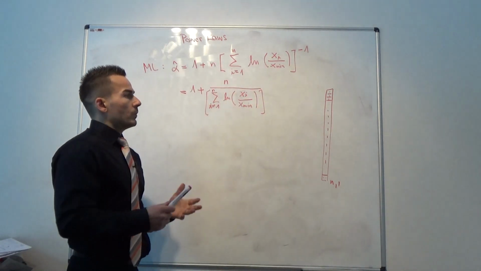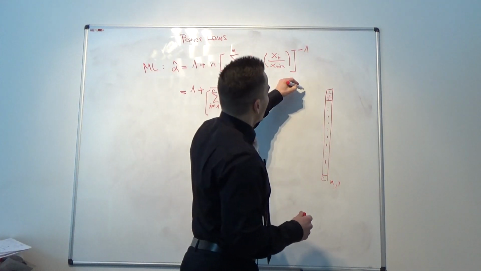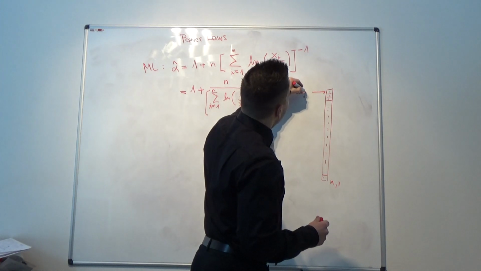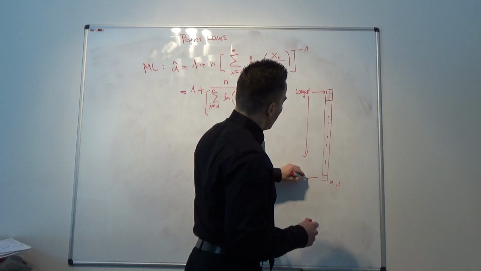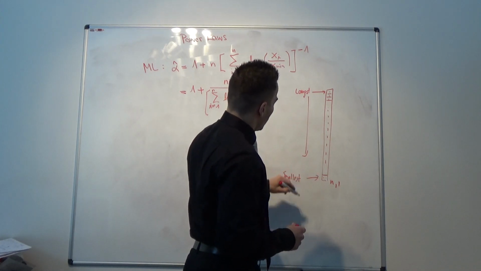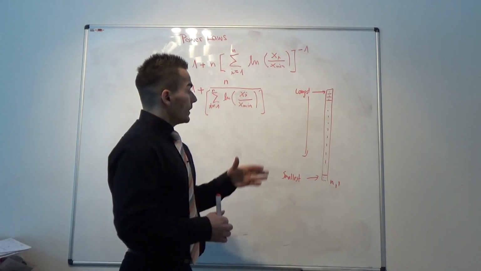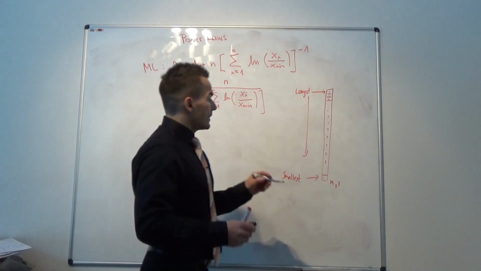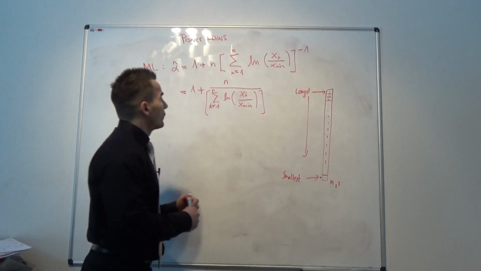What we do is we sort this vector from largest until smallest observation. So we say, okay, in the first trial we take the smallest observation as our x minimum.